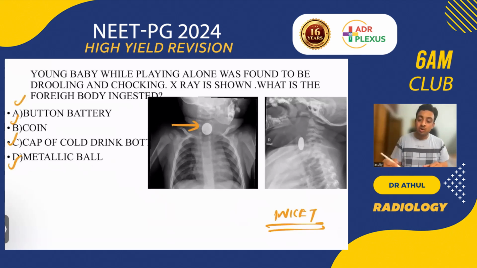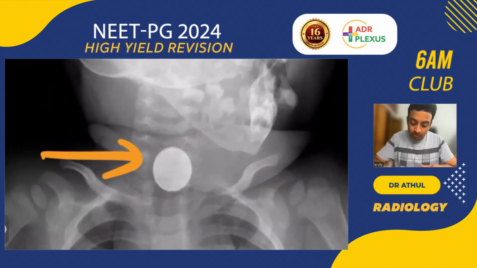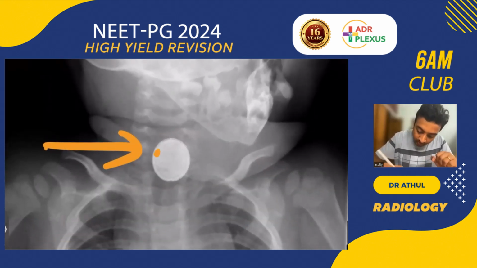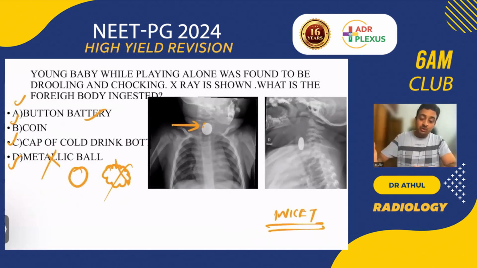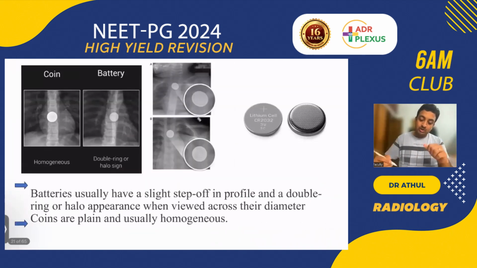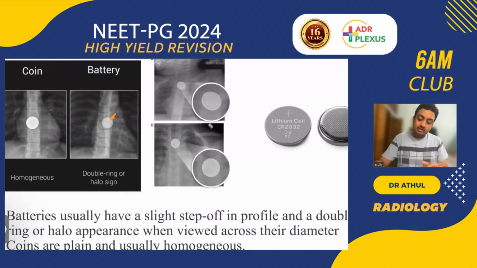Is it a metallic bowl? A bowl should look like a bowl. So this is not a metallic bowl. Cap of cold drinks, you know, in Coca-Cola bottles, there will be some irregularities. No irregularities seen. So no, not a cap of a bottle. So is it a coin or button battery? How will you differentiate? Yeah, it is a button battery because if you observe it clearly, there is one halo surrounded by another halo. Whatever name you can use, double ring or double halo, it is usually seen in button battery.